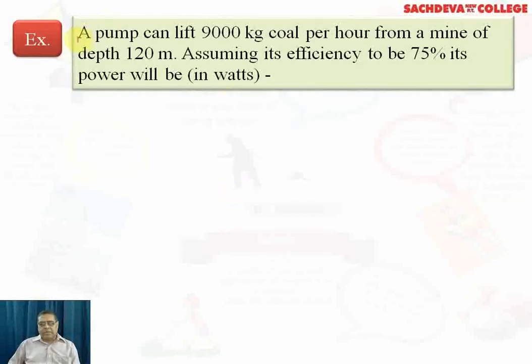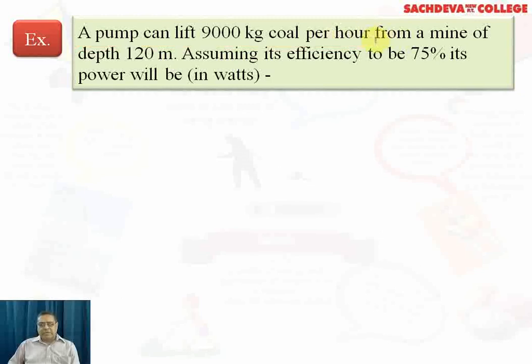Now we have to apply the concept of power in some calculations. The very first question is: a pump can lift 9,000 kilograms of coal per hour. So the mass is 9,000 kilograms and the time is 1 hour, which is equivalent to 3,600 seconds.